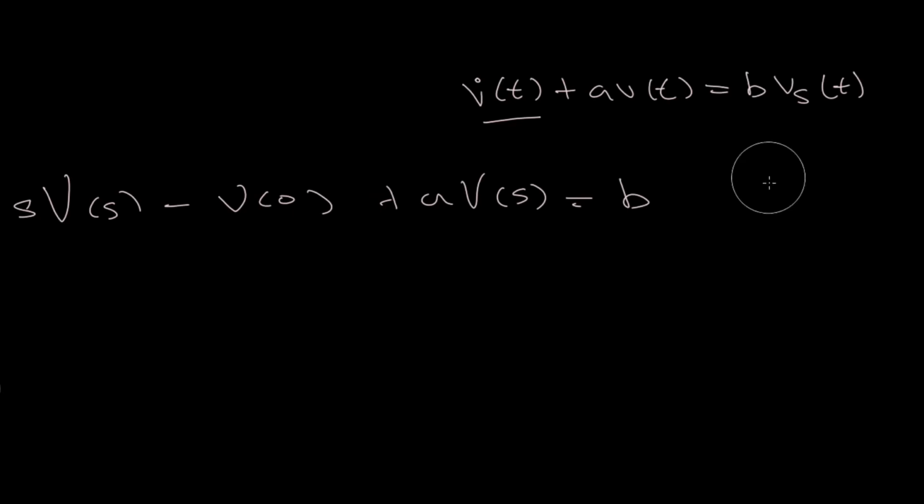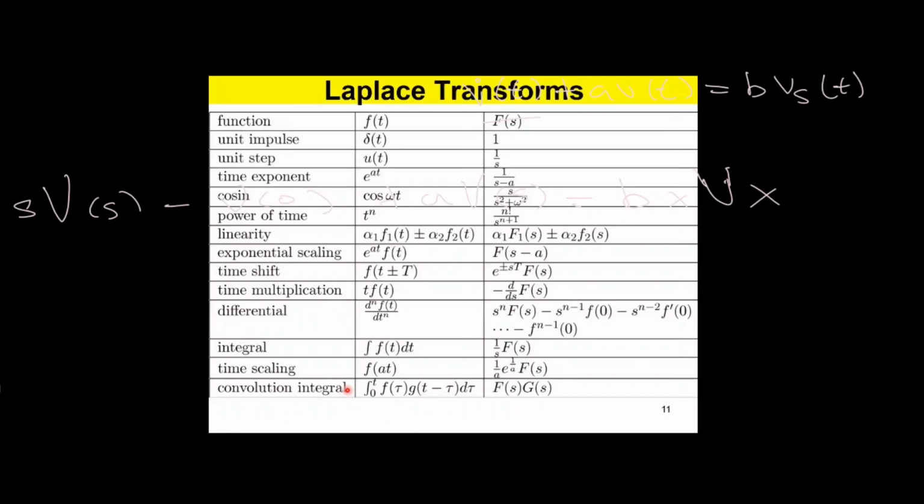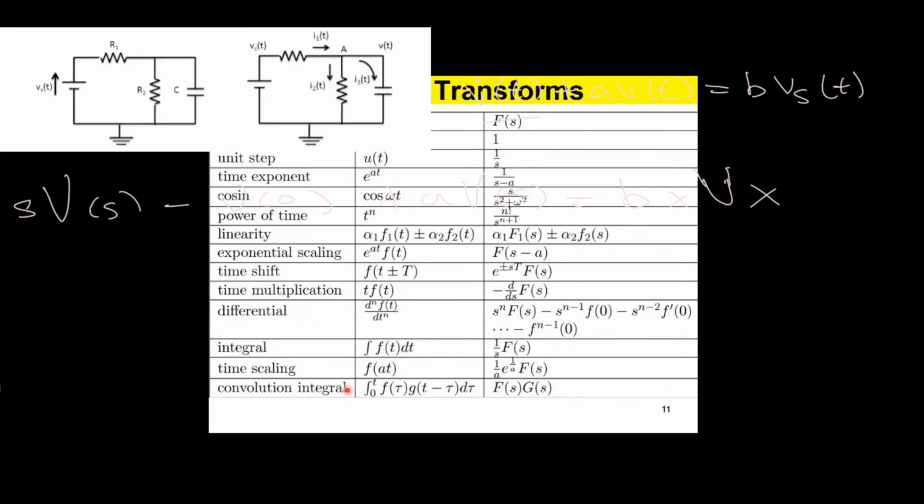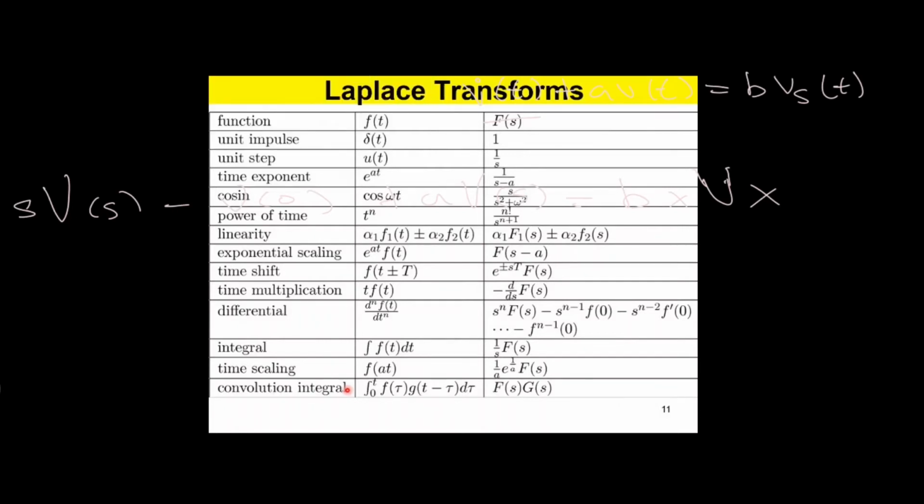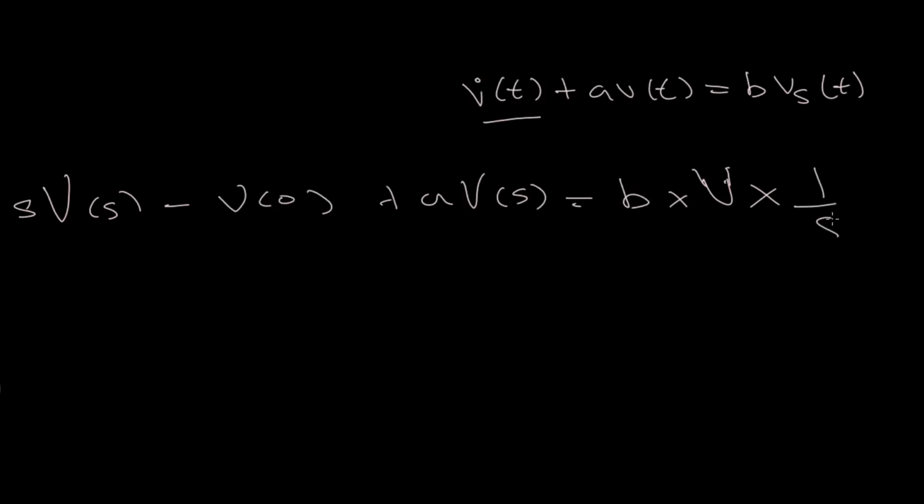So what is V u s t now? It's a consistent constant voltage times u s t, but what is the Laplace of u s t? A step input. So unit step u t becomes 1 over s. Very simple. There we go. That's it. Let's go through this.